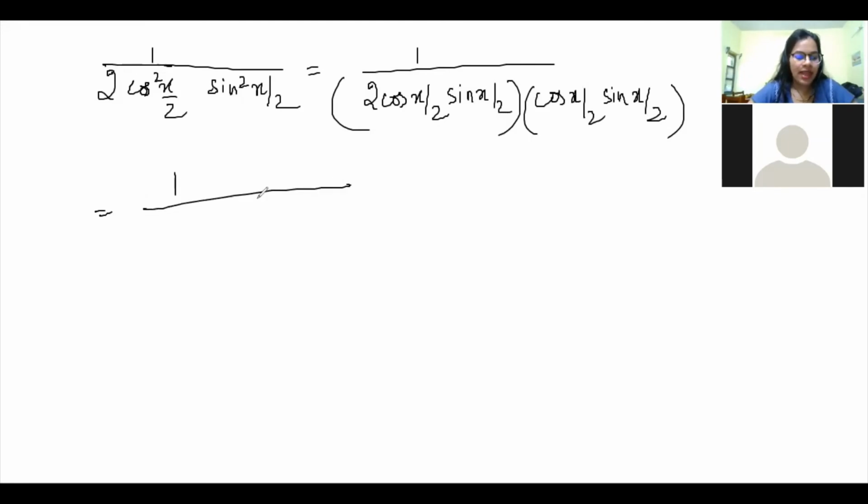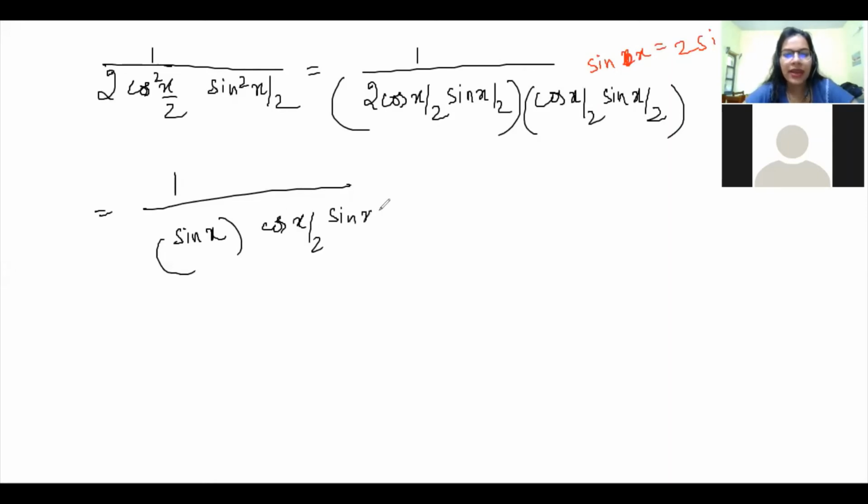It will become sin x. Okay, remember that formula which I mentioned before? I'll write the formula again. That sin 2x is 2 sin x cos x, right? Now suppose I had x only. So that becomes x by 2, x by 2. In the same way, I have written over here. Now what is remaining is cos x by 2 sin x by 2.